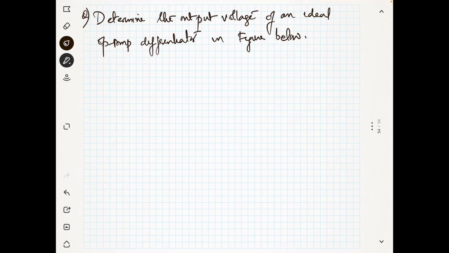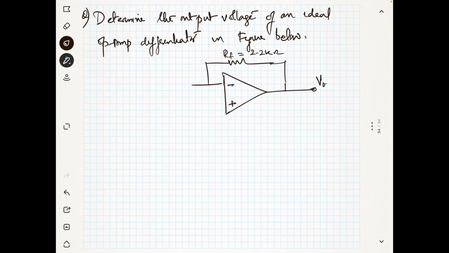Okay, so you have an op-amp differentiator like this, and resistor RF is given here, which is 2.2 kilo ohm, and you have an output V out, and this end is grounded, and you have a capacitor C, which is equal to 0.001 microfarad, and this is your V in. Okay, now we want to find what is the output of this.